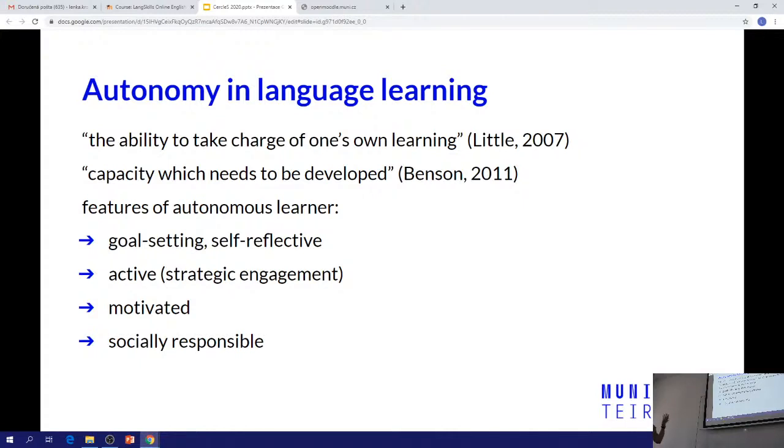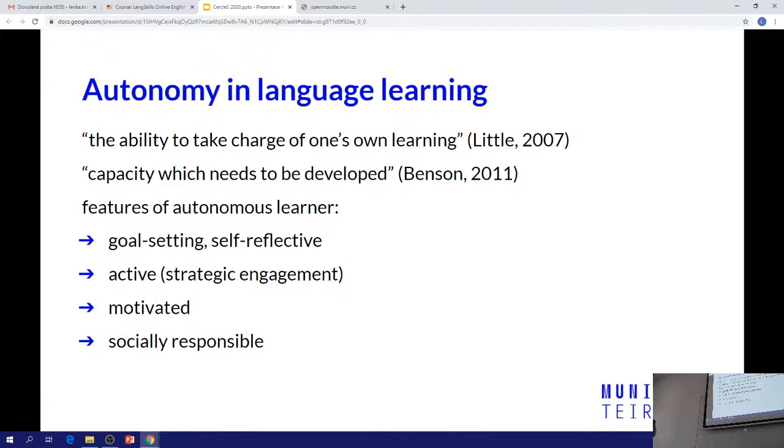The important feature is that it's a capacity that every learner possesses, but it needs to be developed. And I think, if I step away from this presentation, with all the distance learning, this is the biggest issue, right? We expect the learners to be able to study on their own, but it doesn't come like that.